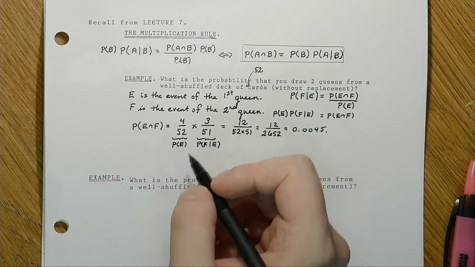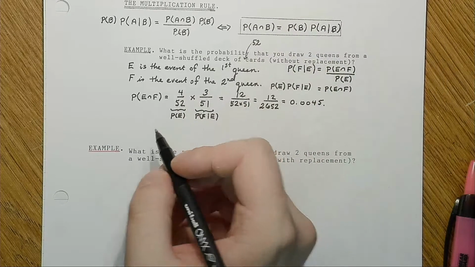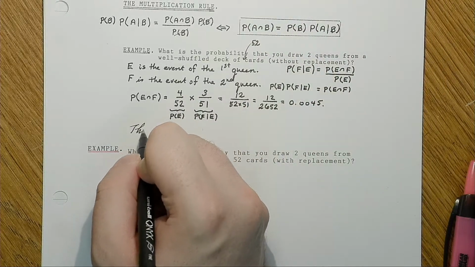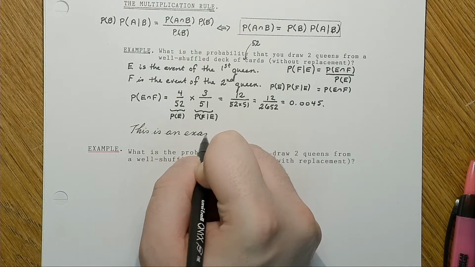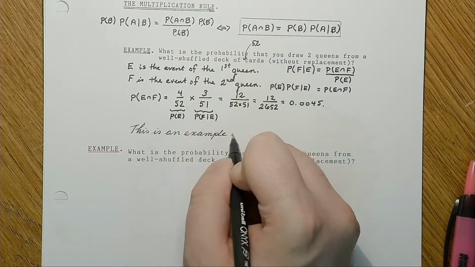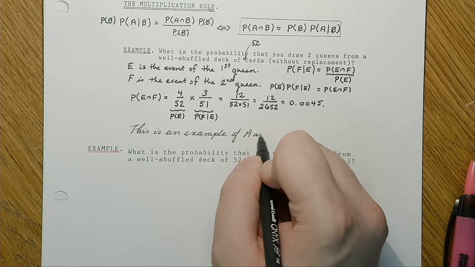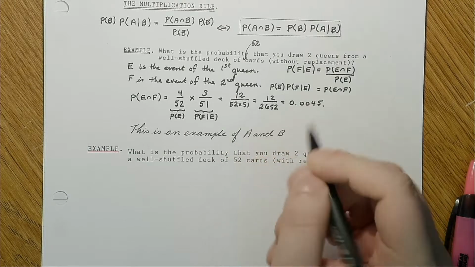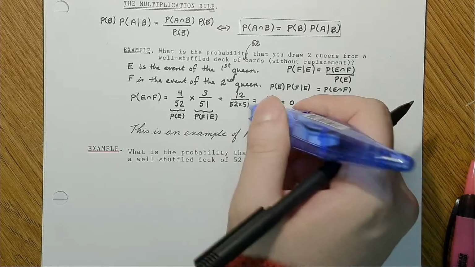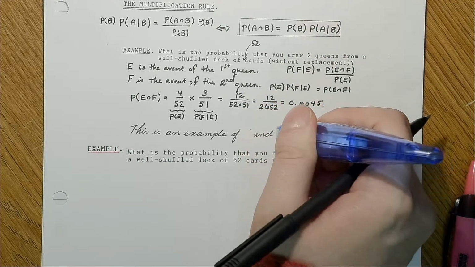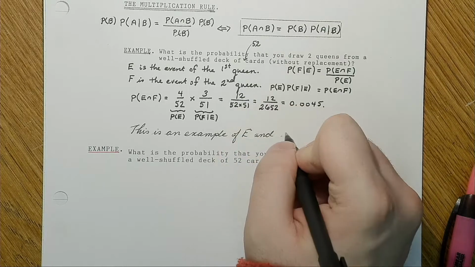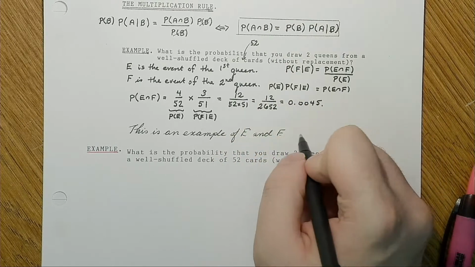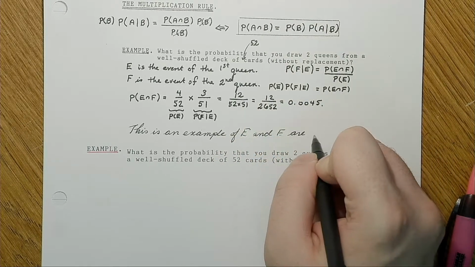So this is an example of E and F being dependent.